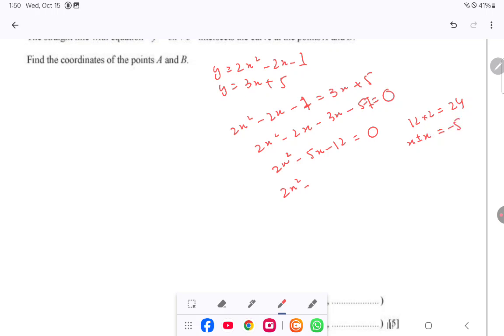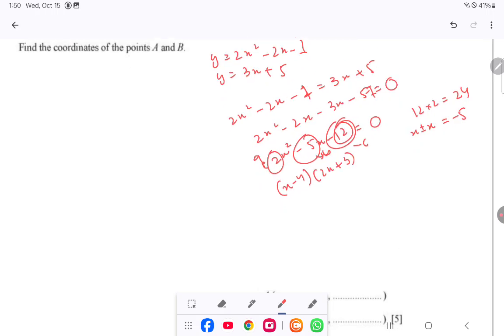So we are breaking the middle term, and after that the equation will become x minus 4 times 2x plus 3, or you can apply the simple quadratic formula in which this is our a, negative 5 will be our b, and negative 12 will be our c. And let's see, these are our two factors, equal to 0.